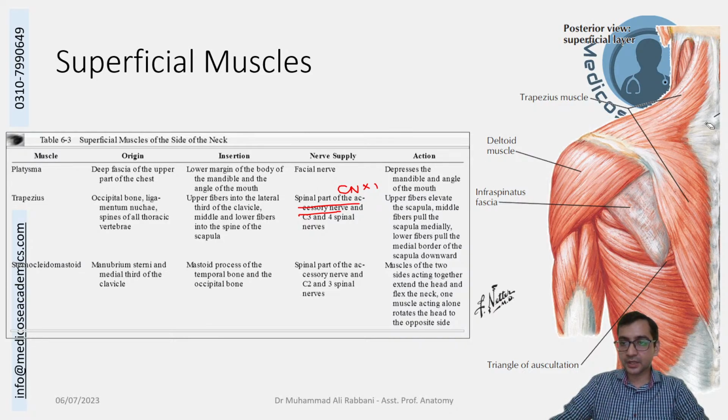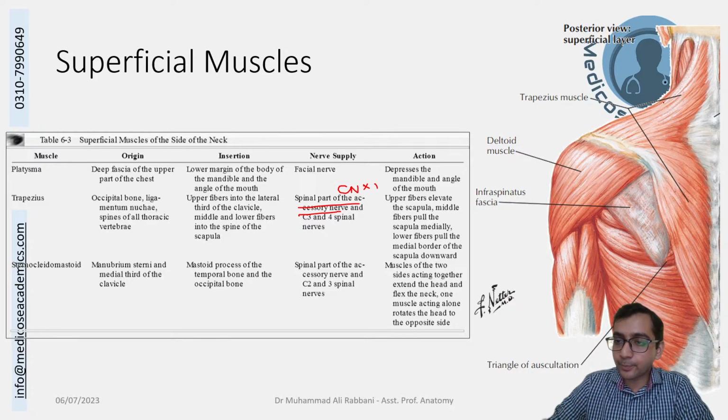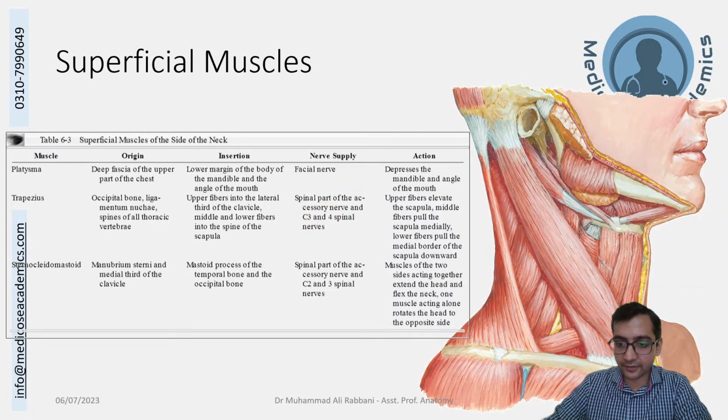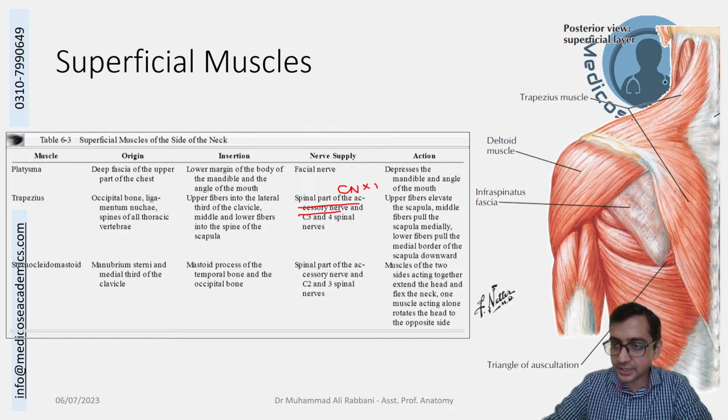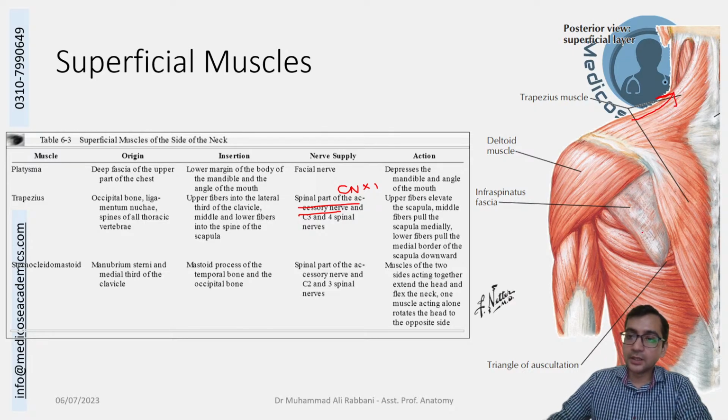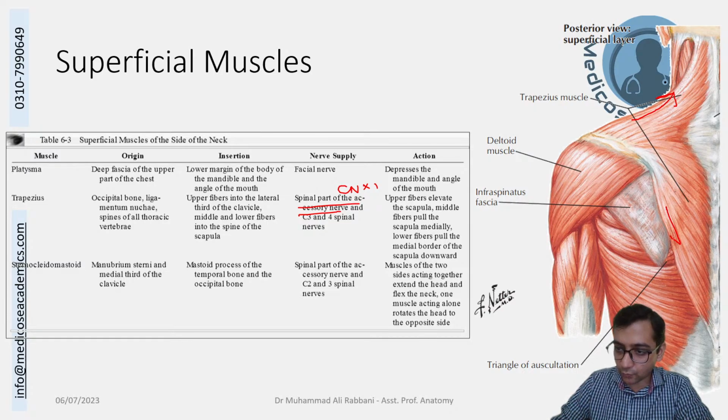Moving on to the next, the rotation function. You can see the fibers that are placed upwards, that are getting into the clavicle and the acromion process, are moving upwards. The fibers that are using the most medial part of the spine of the scapula are moving downwards. So from the perspective of the scapula, its lateral margin is being pulled upward, its medial end is being pulled downwards.